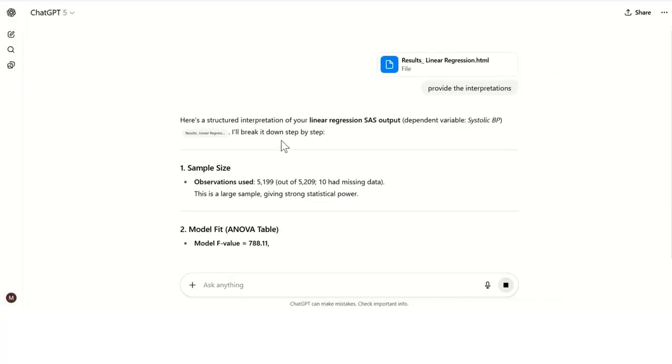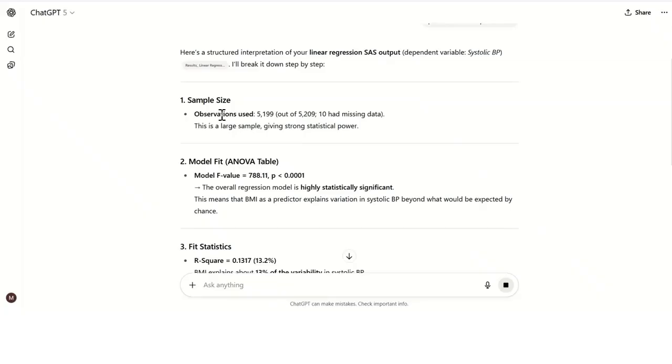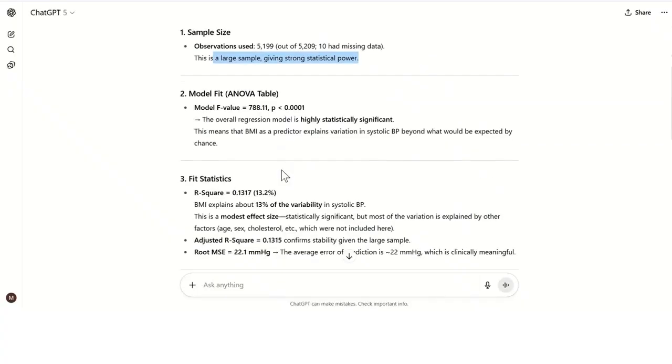Okay, so here's the structured interpretation of the linear regression SAS output. Dependent variable is systolic blood pressure. I'll break it down step by step. Sample size is 5,199 out of 5,209 because there are 10 missing data. This is a large sample giving very strong statistical power, which we already know.